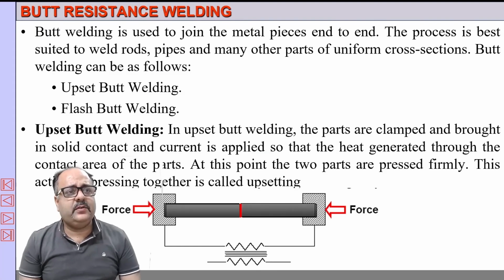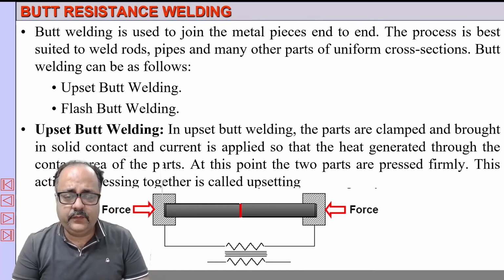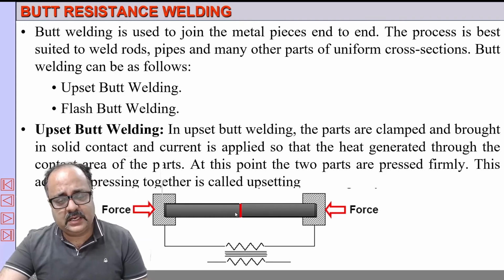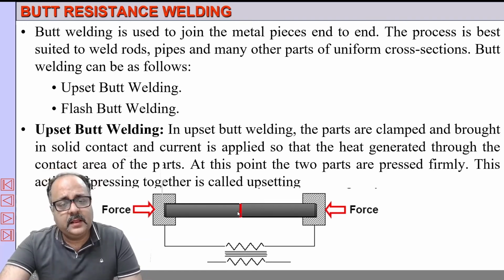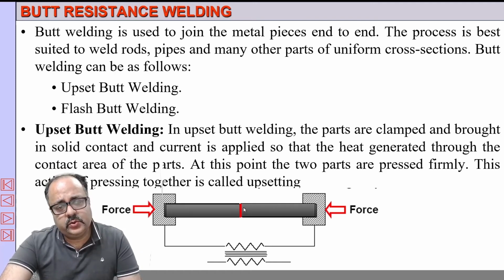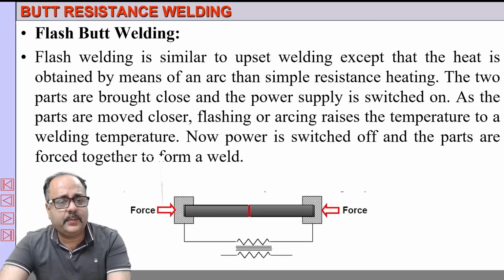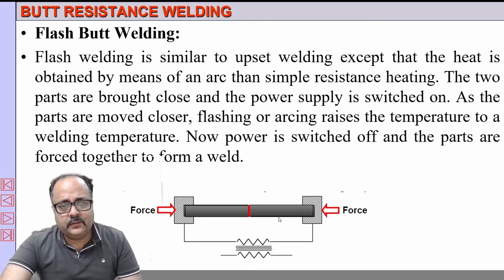Then we have butt resistance welding. It's basically similar to spot welding. The only difference is that here two metal pieces are brought in end to end, and electric current is made to pass. This is the electrode. So resistance will be very, very high, and under pressure the welding will be completed. A similar process is called flash butt welding, where we don't switch on the current at the start.